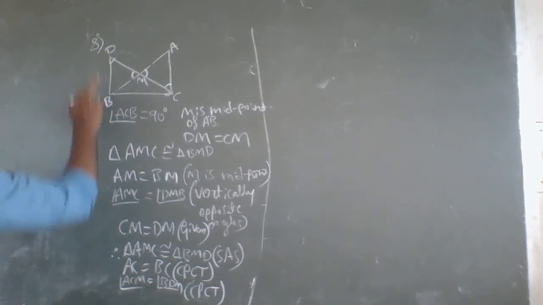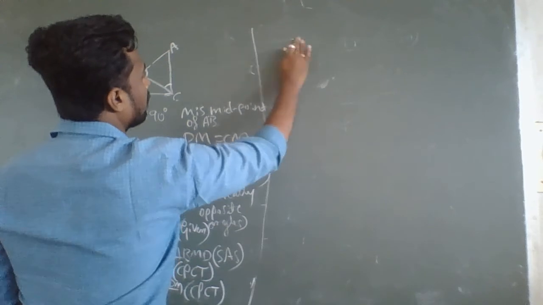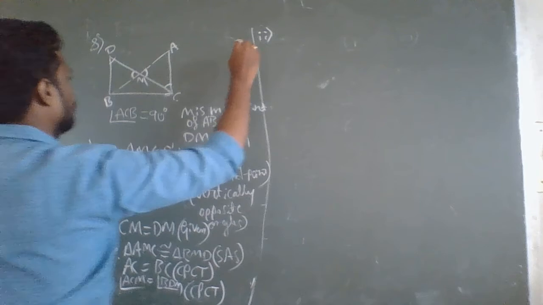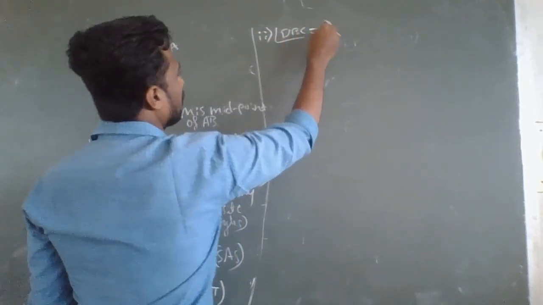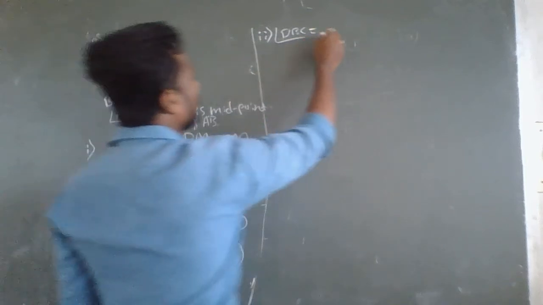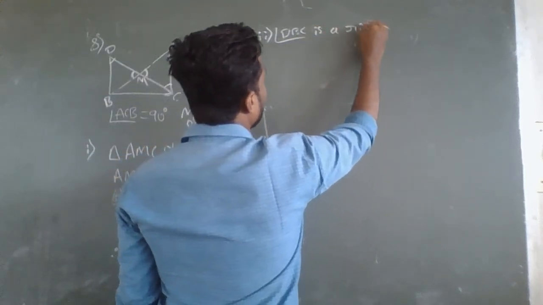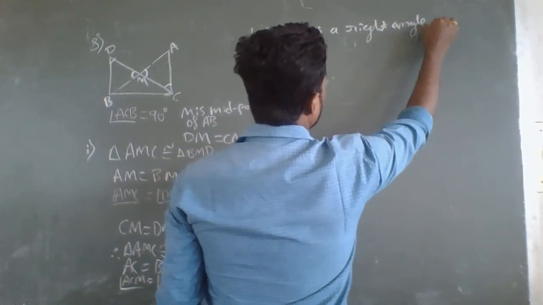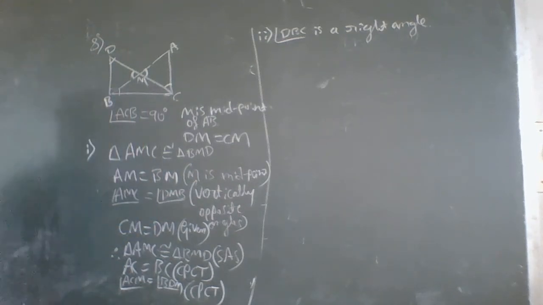That means we have to prove that angle DBC is 90 degrees.